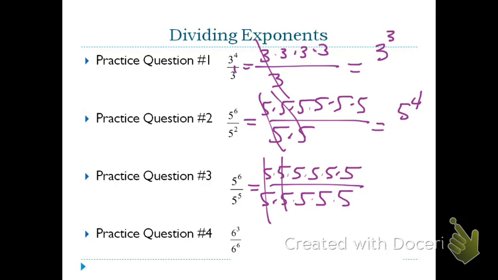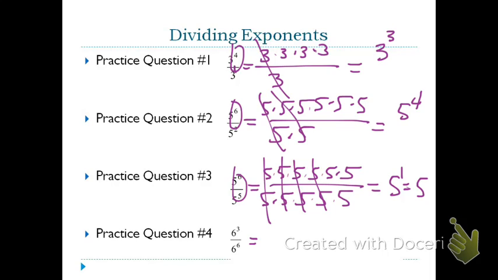Cancel out. Now would we have to keep on expanding? Do we know this pattern? 5 to the 6th over 5 to the 5th, you just take 6 minus 5 is 1. So 5 to the 1st. What's 5 to the 1st? Just 5. So in all of these so far, we could have just subtracted their exponents instead of writing them out in expanded form.